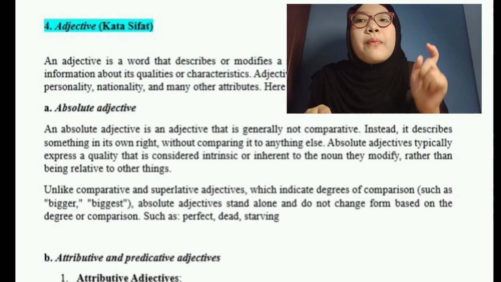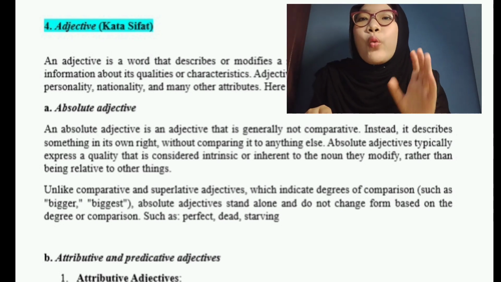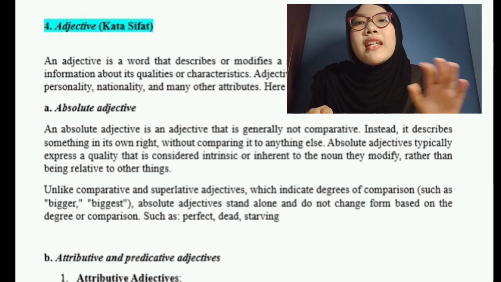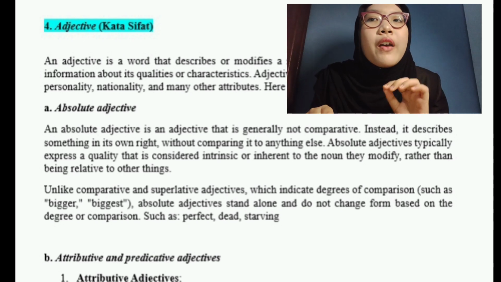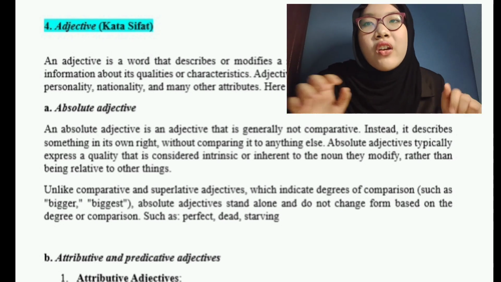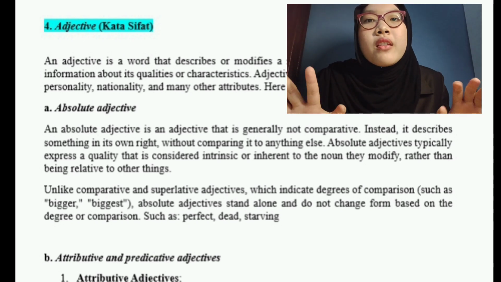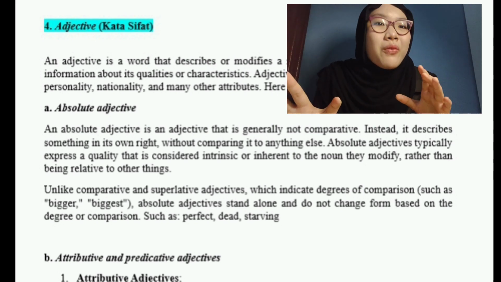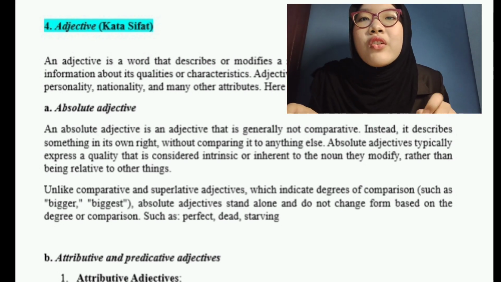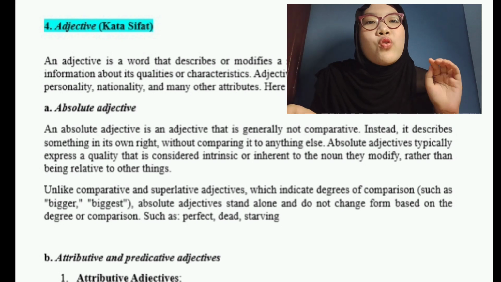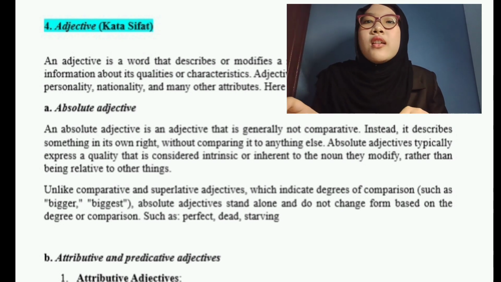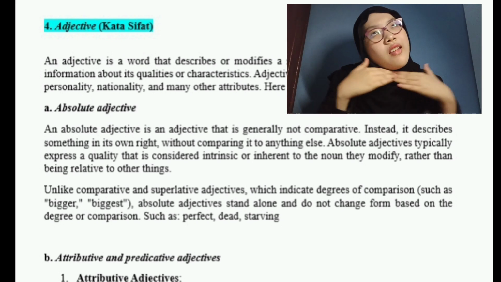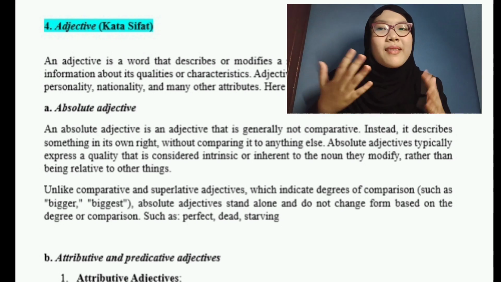Absolute adjectives typically express a quality that is considered intrinsic or inherent to the noun that they modify, rather than being relative to others. Unlike comparative and superlative adjectives, which indicate degrees of comparison, absolute adjectives stand alone and do not change form based on the degree of comparison, such as perfect, dead, starving, something like that.